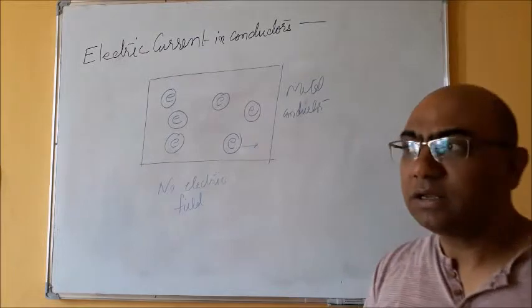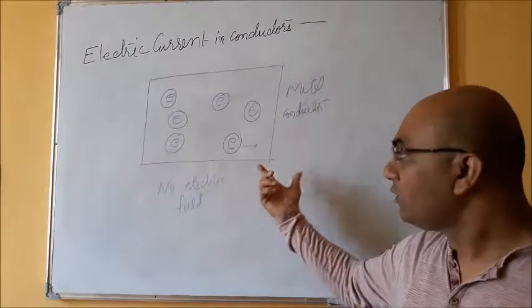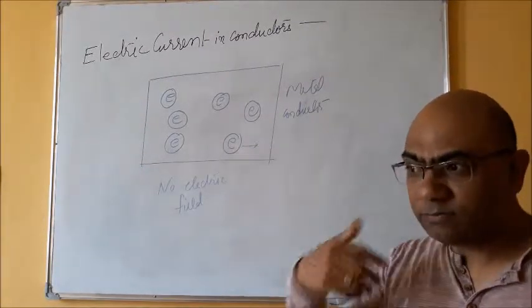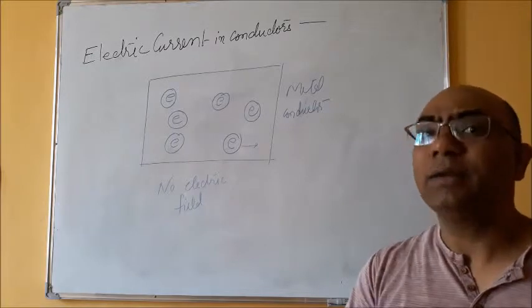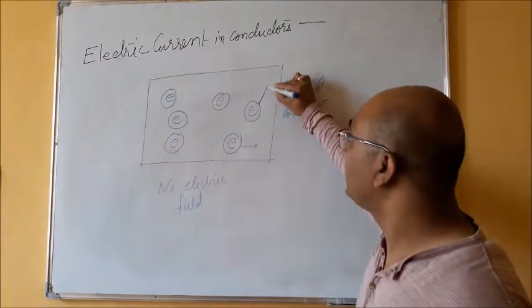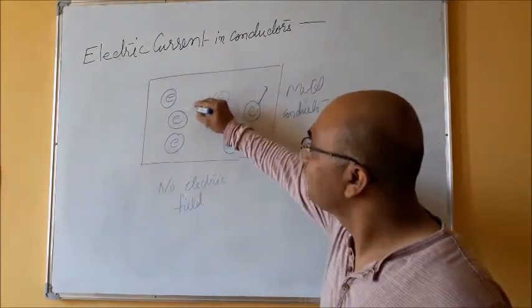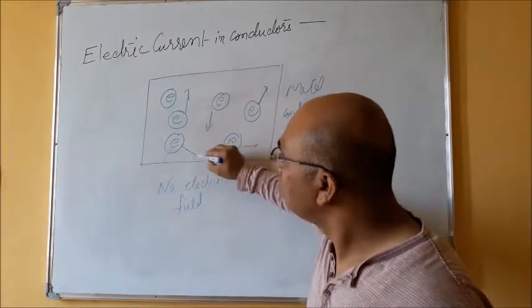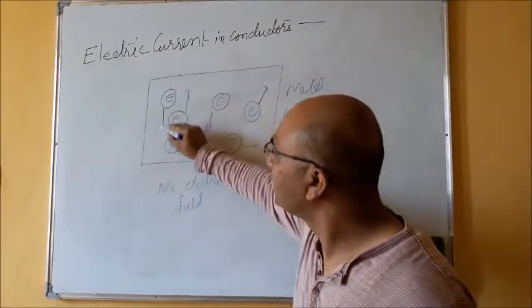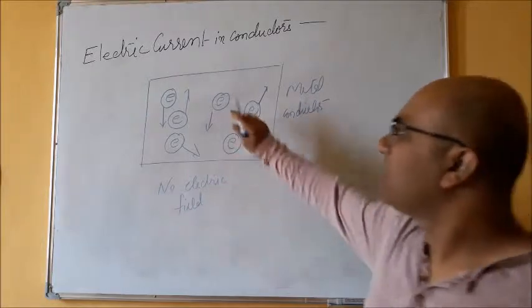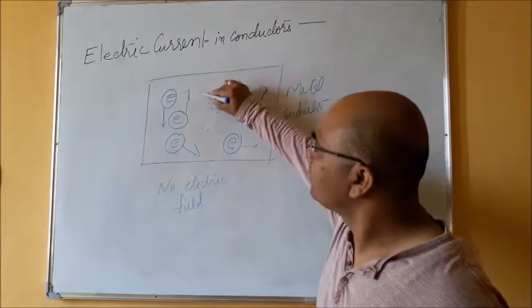As a result, the electron has a force in a random direction. Maybe like this, here maybe like this, or something like this.